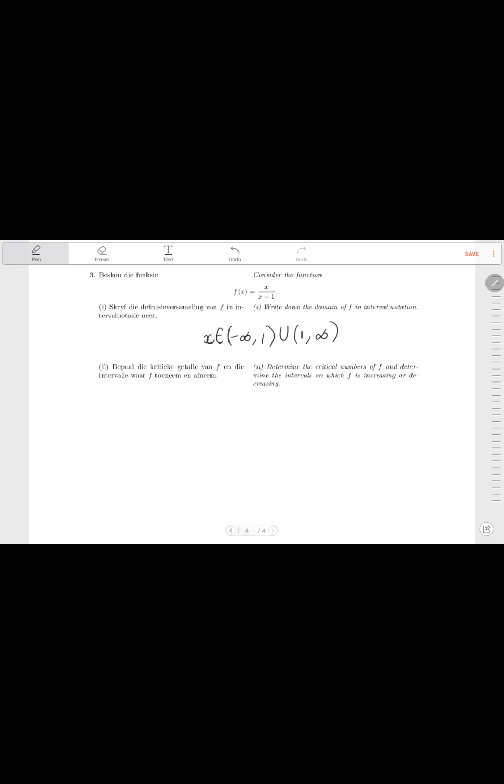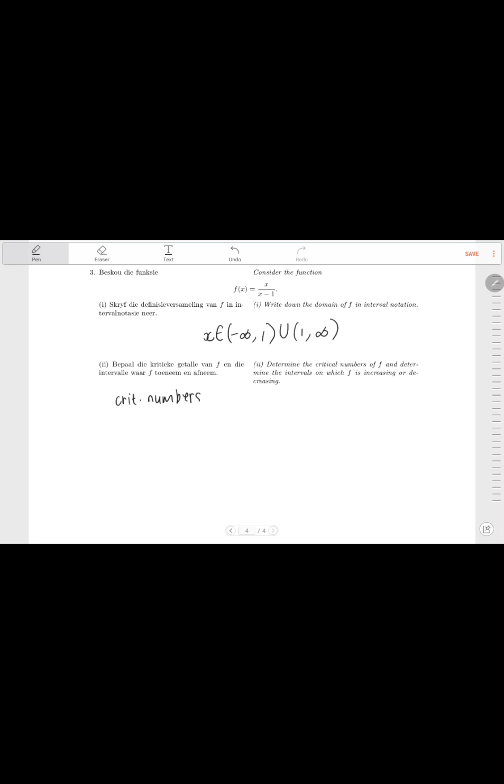Next, it asks us to determine the critical numbers of f and determine the intervals on which f is increasing or decreasing. So firstly, we're going to look at our critical numbers. So recap, what are critical numbers? Critical numbers are either where f of x does not exist, or where the derivative equals 0.